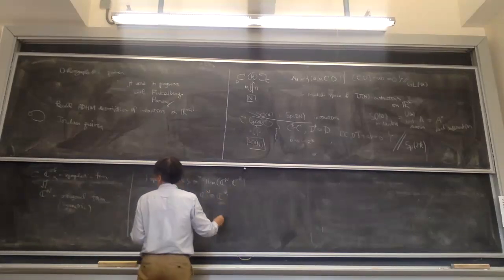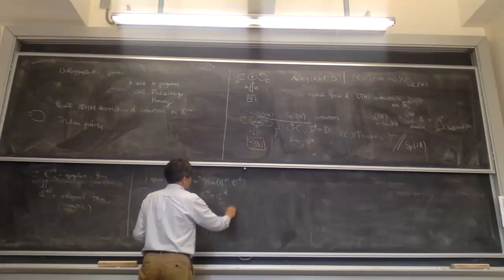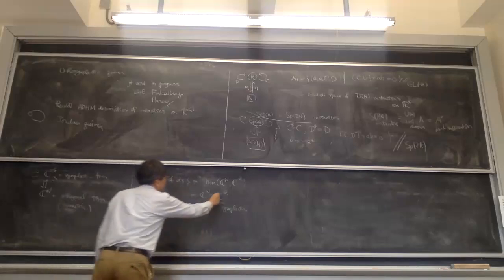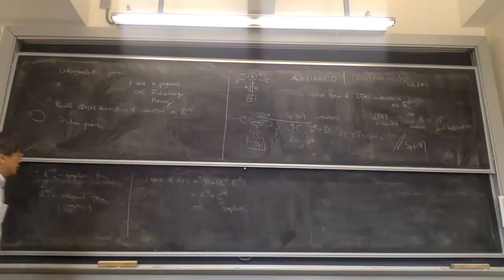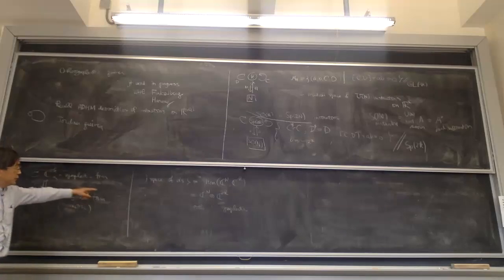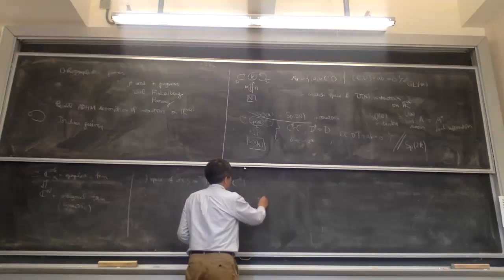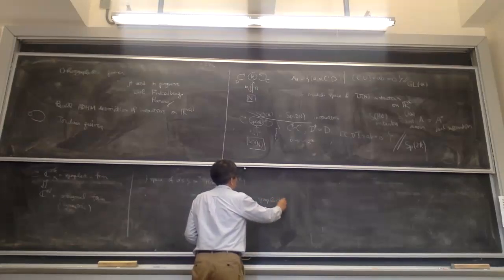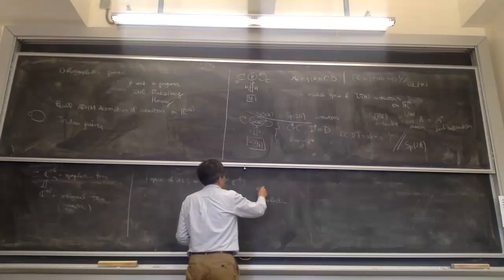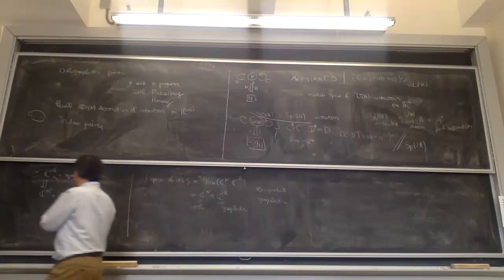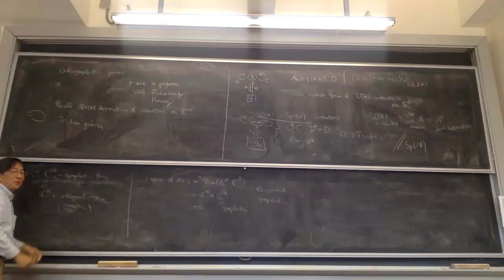And this is symplectic, and this is symmetric orthogonal. So then you have the form which is given by the tensor product. If both are orthogonal and orthogonal, then the tensor product is orthogonal.